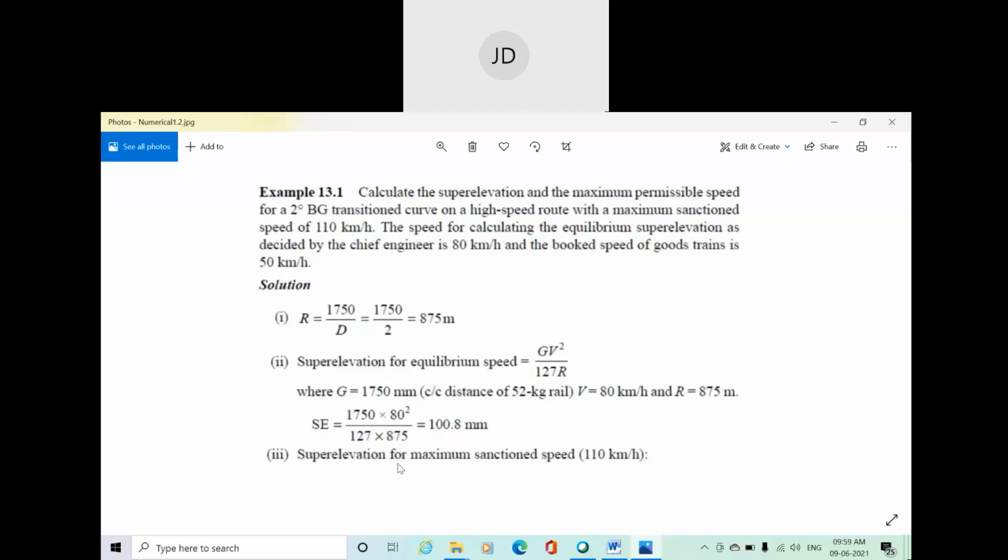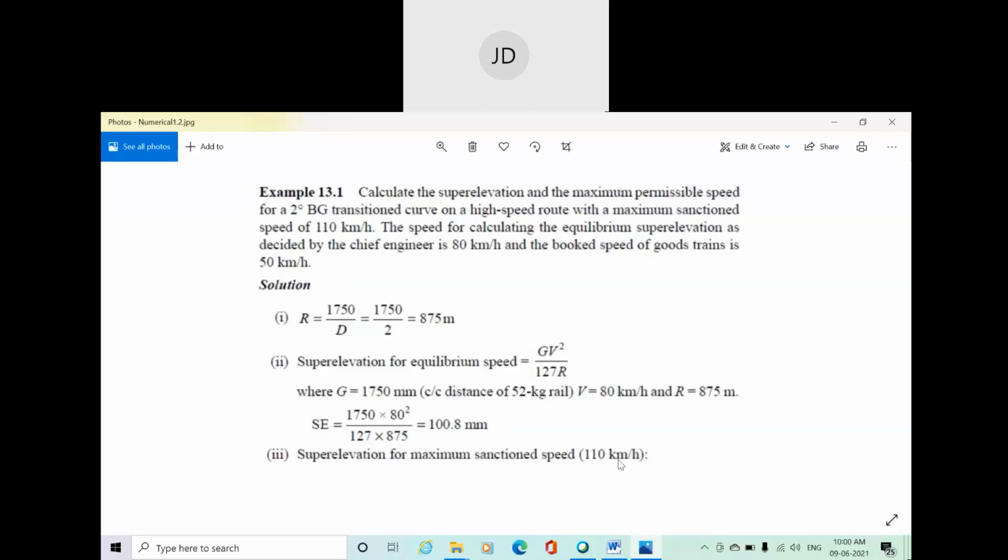Now we need to find out the super elevation for maximum sanctioned speed. That means the minimum, or equilibrium super elevation, is 100.8 millimeter. Now you can see the maximum sanctioned speed is 110 kilometer per hour. That means we have some cant deficiency.